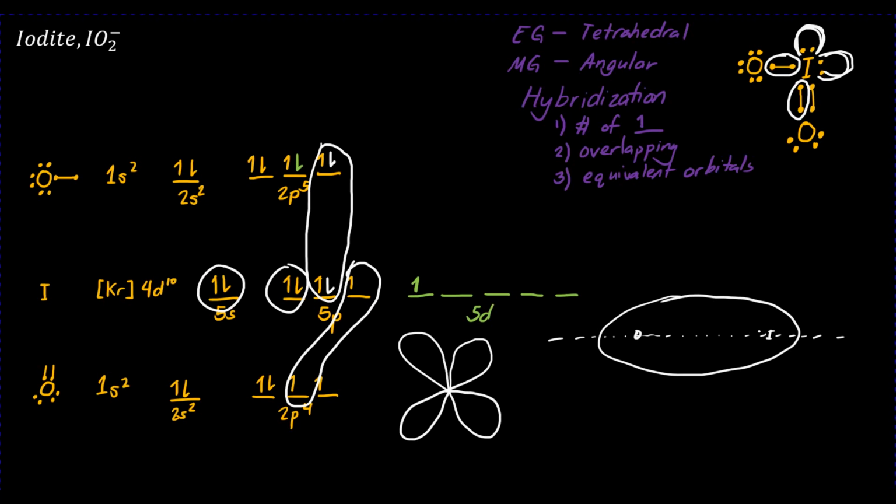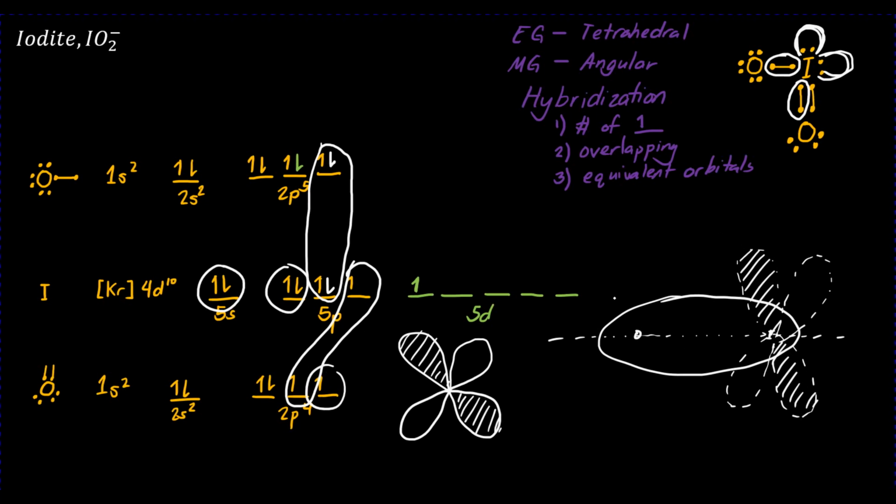Okay, so let's say this one, and since it is half-filled, let us shade half of the lobes, kind of like that. And then for oxygen, this one, it's in a p orbital.